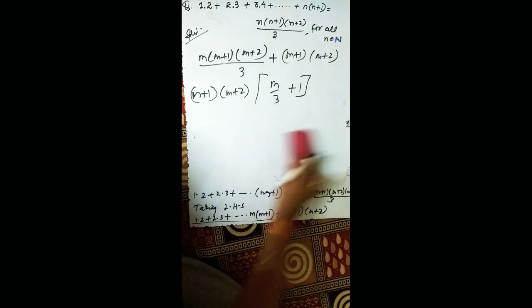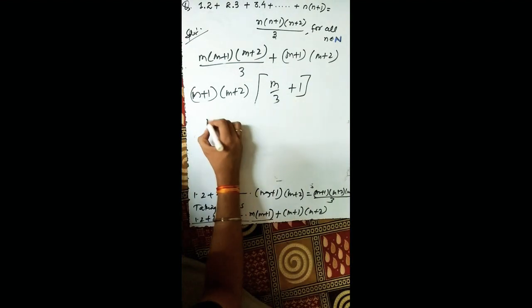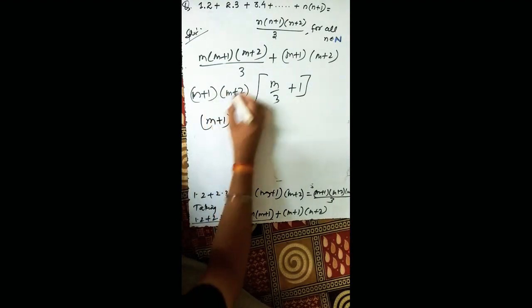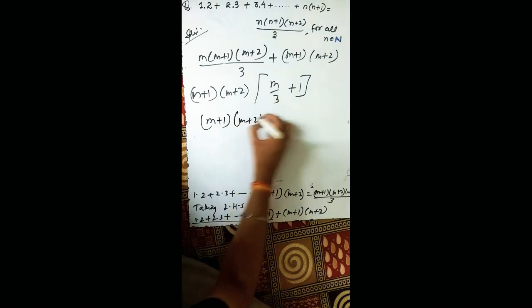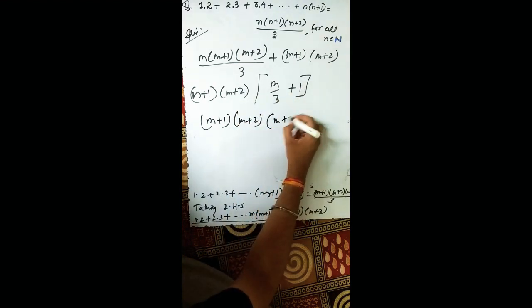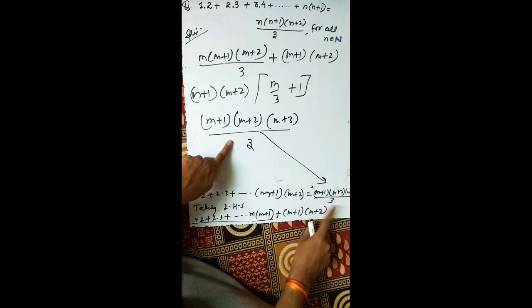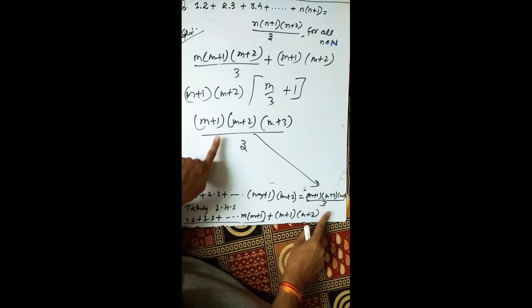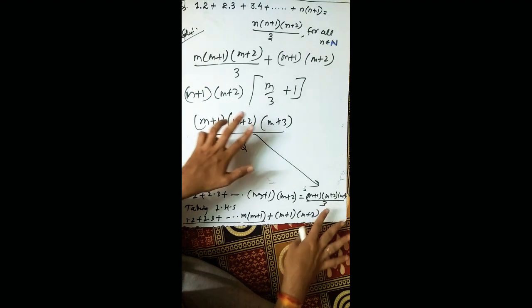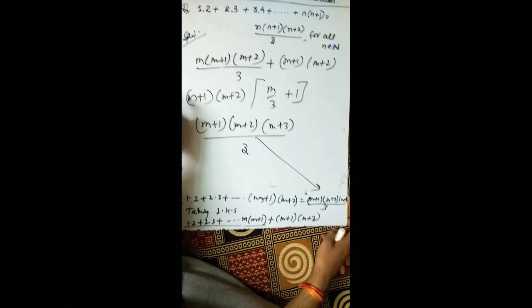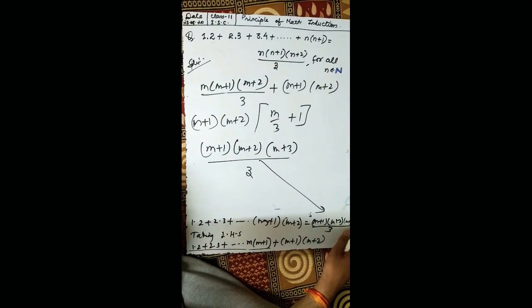Take the LCM. So it will be m plus 1, m plus 2, m plus 3 whole divided by 3. Are they equal? If they are equal, then at last you have to write, hence this is proved by the mathematical induction.